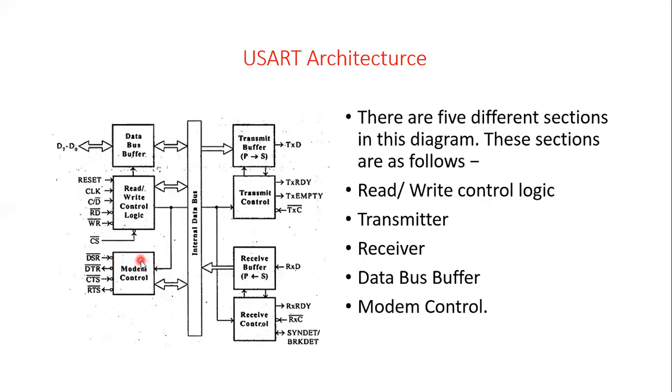When the chip select is 0, it activates. Okay. That is, when C/D bar is high, the read signal is high and the write signal is low, then the MPU writes an instruction in the control register. When C/D bar is high, the read signal is low and the write signal is high, then the MPU reads status from the status register.